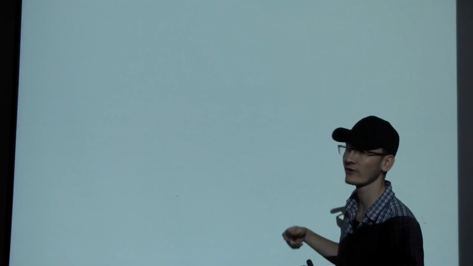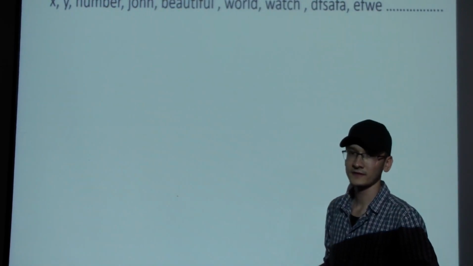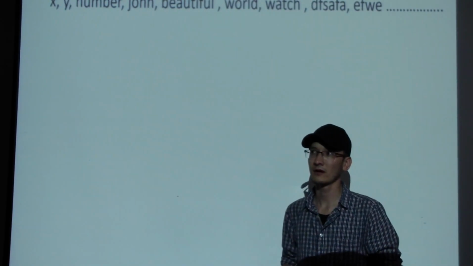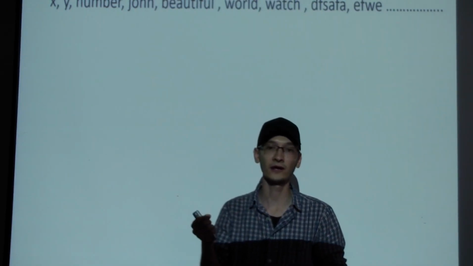Now, creating a variable. In each programming language, we have variables, and we have to create them. How can we create them? First of all, we have to give a name for the variable.